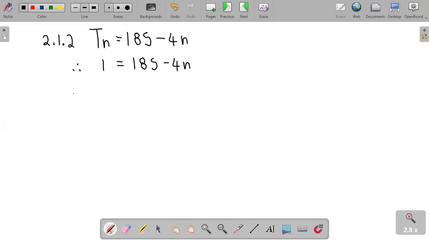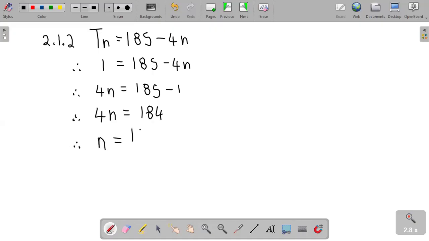So it means therefore 4n equals 185 minus 1. So it means therefore n equals 184 over 4. We divide by 4 here in order to get the n.